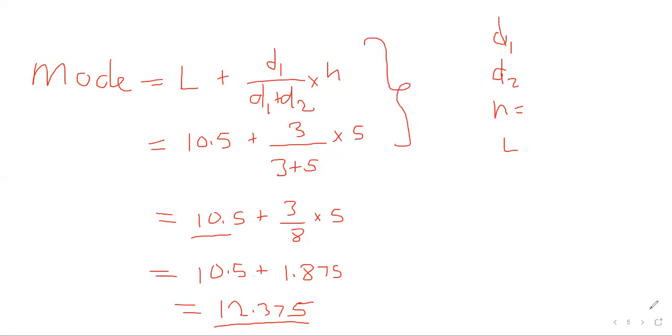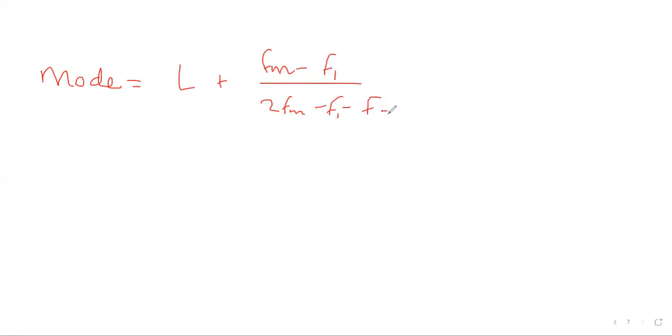As a postgraduate, depending on the book you're reading, you can finalize. The formula you'll be given will be L plus Fm minus F1 over 2Fm minus F1 minus F2 times height.